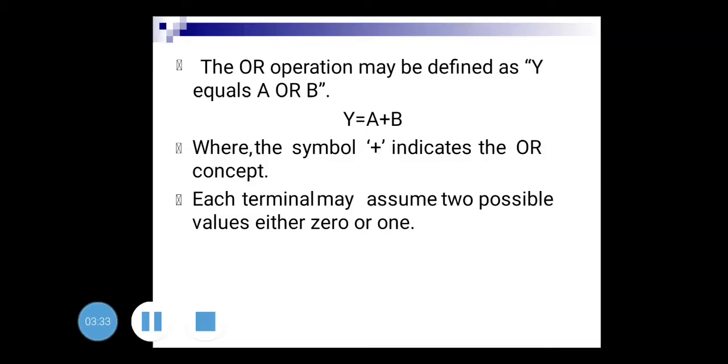This is called a Boolean expression, also called a mathematical equation. Output Y is equal to input A plus B, where plus means OR gate, and A and B represent the inputs.